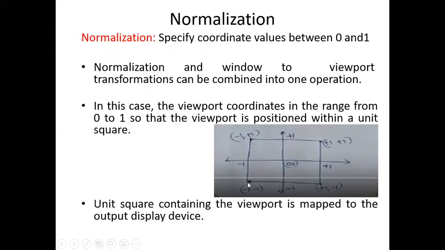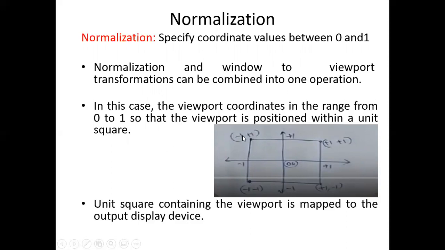If I select any point here, in negative x-axis and negative y-axis, the point will be -1 comma -1. If I select any point in this part, since it is positive x and negative y, I will get +1 and -1. If I select a point in positive x and positive y, I will get +1 and +1.